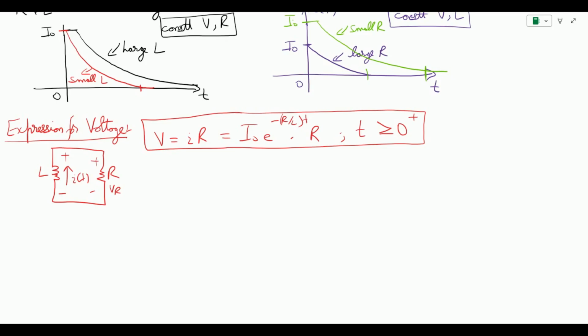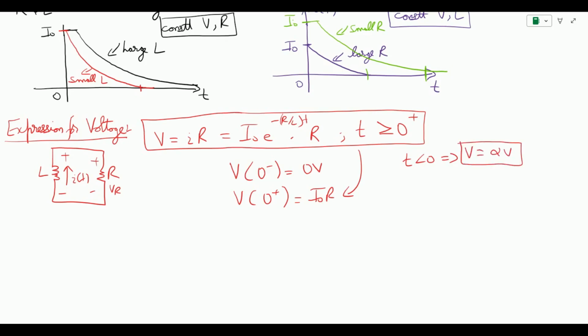Here 0 plus means that it is when the time is equal to or greater than 0. This means the voltage is not going to appear when the time is negative or less than 0. So our condition will be that V0 negative is going to be 0 volts and V0 plus is going to be the value that we have, which is I naught R. When time is less than 0, we know that there is going to be a sudden shift in time which will leave voltage to be infinite for the inductor.